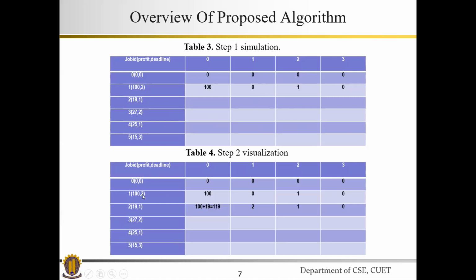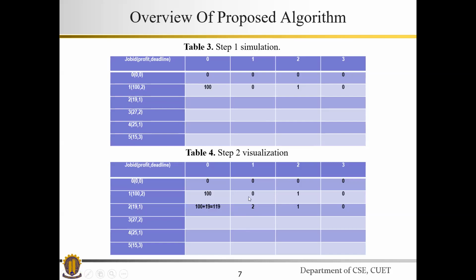Here for job ID 2, we have to put job 2. First, we'll see the deadline is one, so we consider just one deadline, and the first condition is fulfilled.